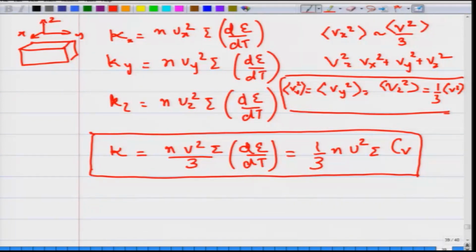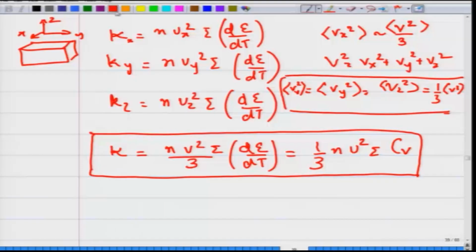Now, with this, let us look at a little bit more about the thermal conductivity. We have obtained a way to actually estimate the thermal conductivity of the material. Now, let us go into a little bit of the details of the Drude's model, and in Drude's model you know that there is a Maxwell-Boltzmann distribution.